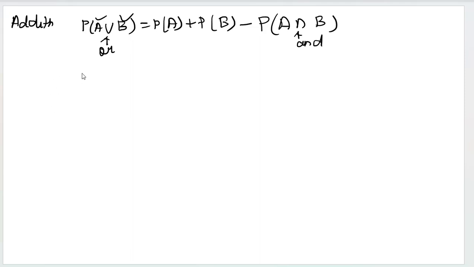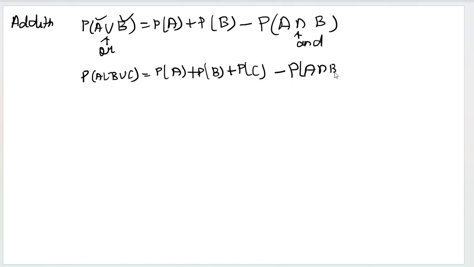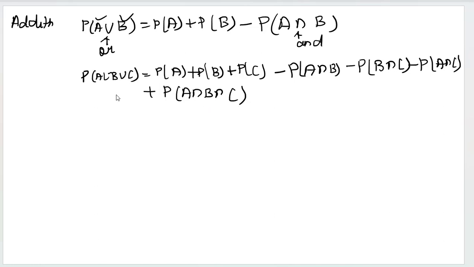There is a similar formula for three sets, which says that P of A union B union C is P of A plus P of B plus P of C minus P of A intersection B minus P of B intersection C minus P of A intersection C plus P of A intersection B intersection C. So basically, the formula is pretty simple to remember.